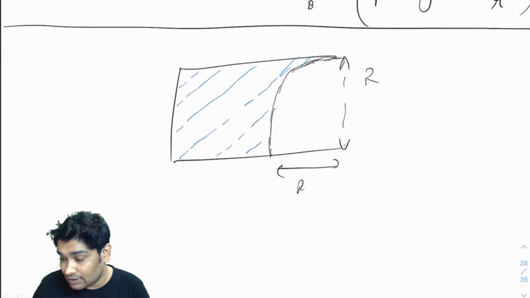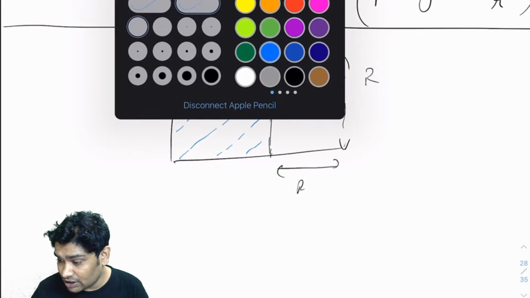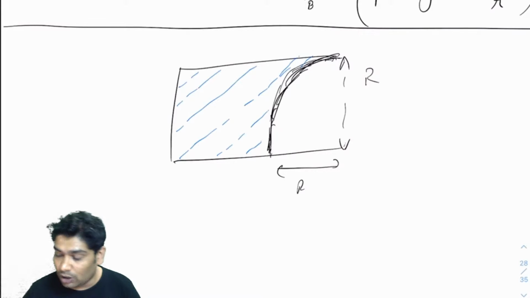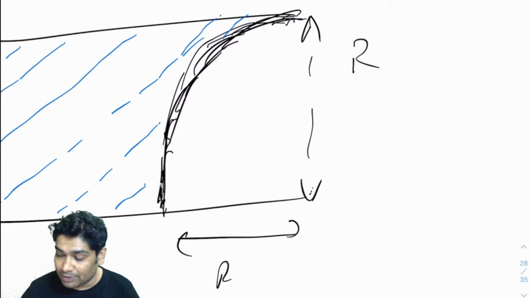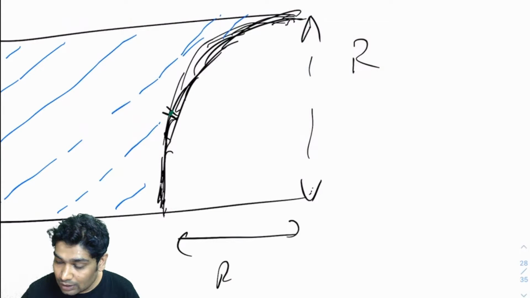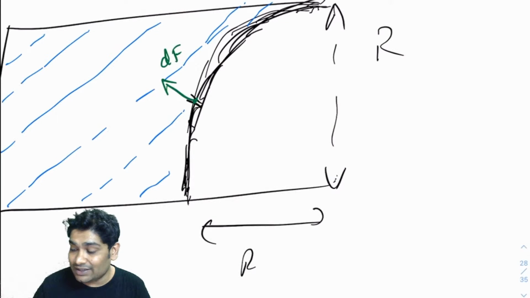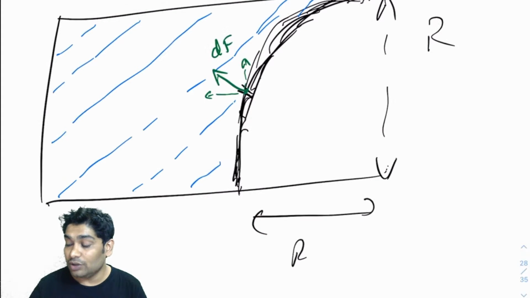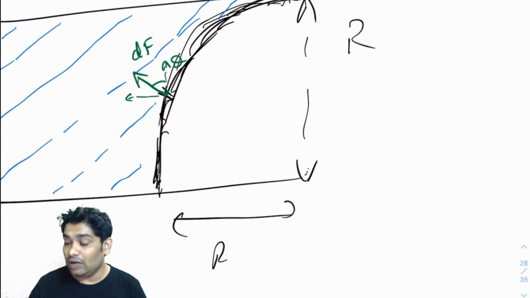This is what Moisha was talking about earlier, that if you have a force acting on any small part, let me show you the trick. If you have a small part here and this has a force dF, now this dF can be divided into two components, one cos and one sine.